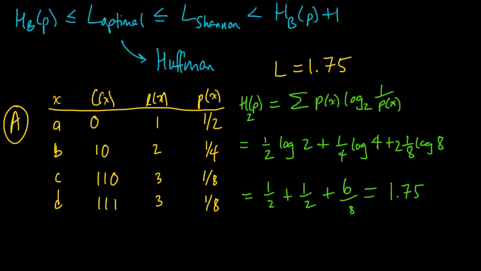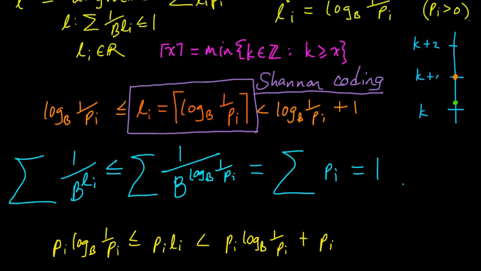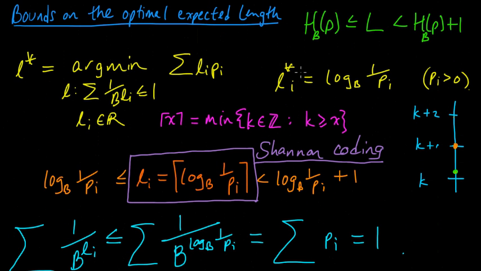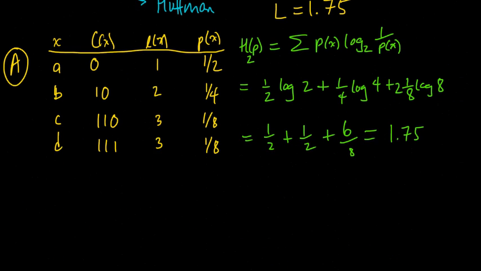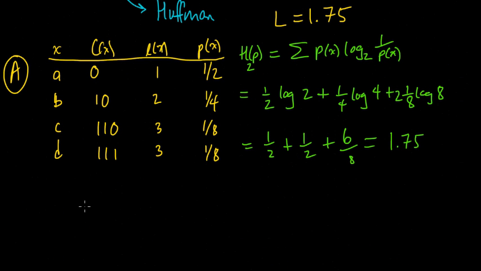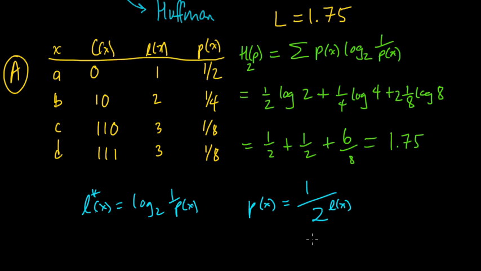And in fact, we could have seen that immediately by just looking at the lengths and the probabilities, right? Because we knew from before that the ideal lengths, the L stars, if we could achieve them, we can't always get them because they're not necessarily integers, but if we could get them, that's the ideal, and those are log 1 over p_i. So we know that the ideal lengths are log 1 over p of x, or in other words, p of x is 1 over 2 to the length.